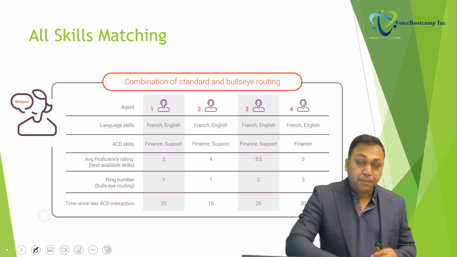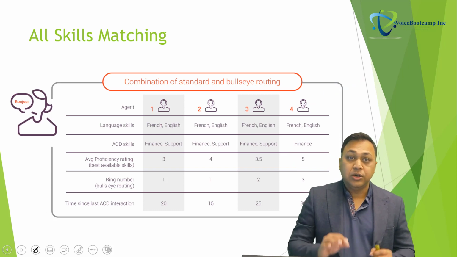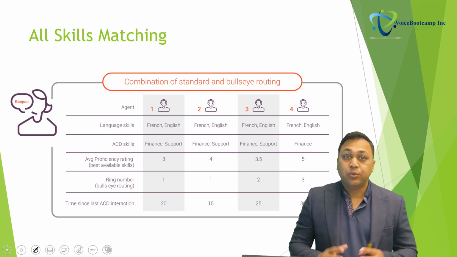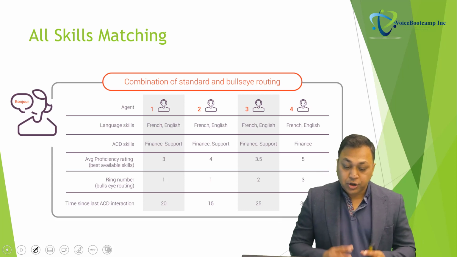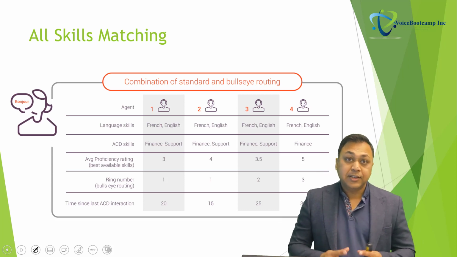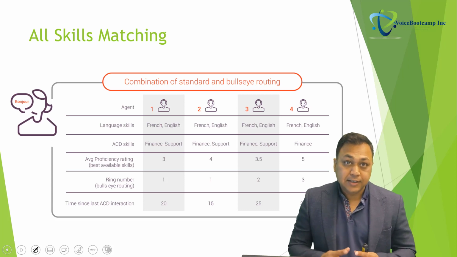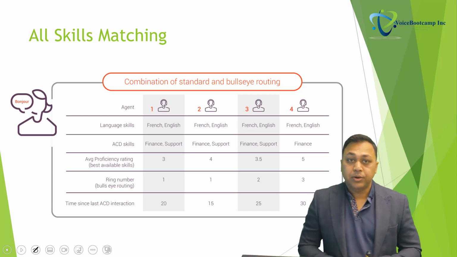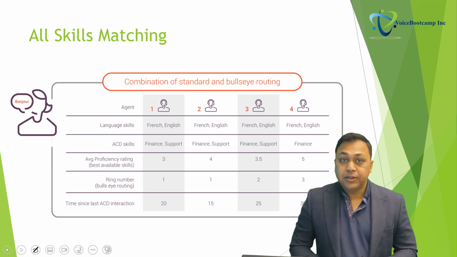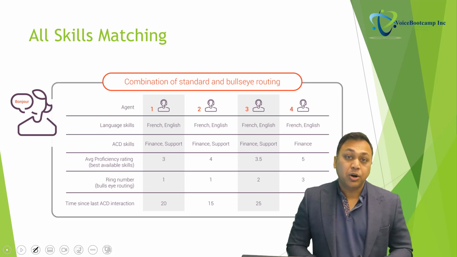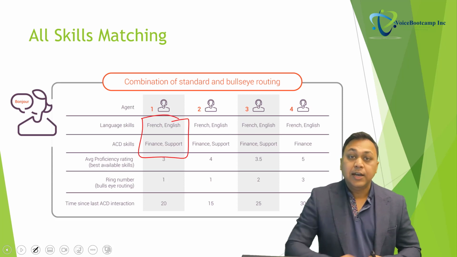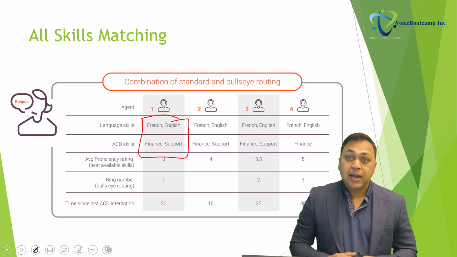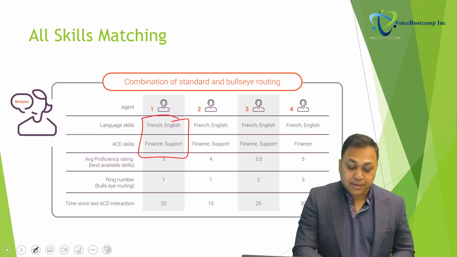But if you combine all of this, then in this scenario, if you choose standard ACD routing, it will select agent number 3, who has all the required skills and has been waiting for the longest period of time. But if you go with bullseye routing, the interaction will be routed to agent number 1, who has the required skills, like language as well as ACD, and has been waiting the longest on ring number 1.